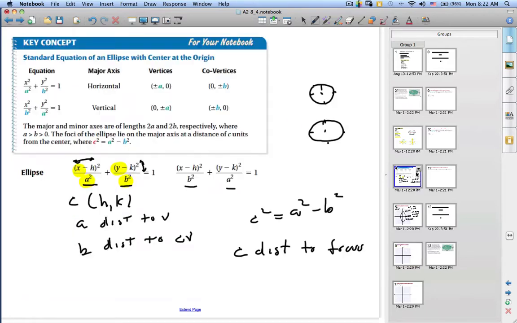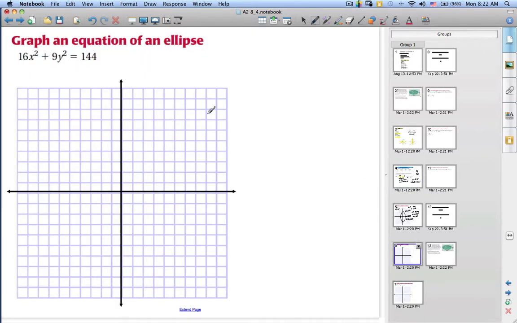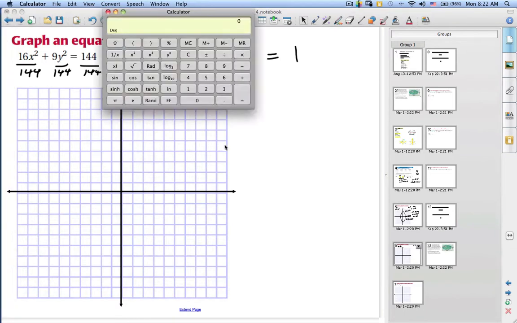If you look back at the equation, you notice that my equations always equal 1. So when I'm not in the right form, I have to do what will make it equal 1, which in this case would be divide everything by 144. Okay, so when I do that, I know it's going to equal 1, but I need 144 divided by 16.